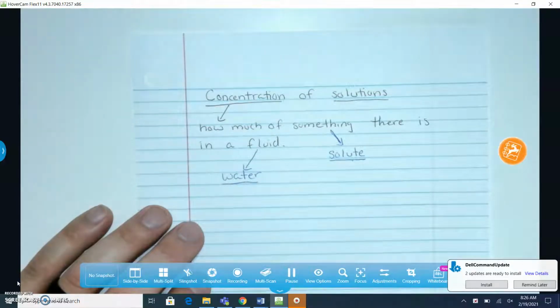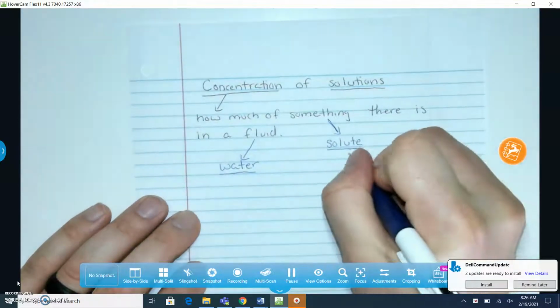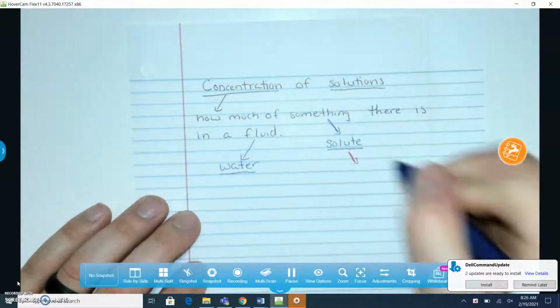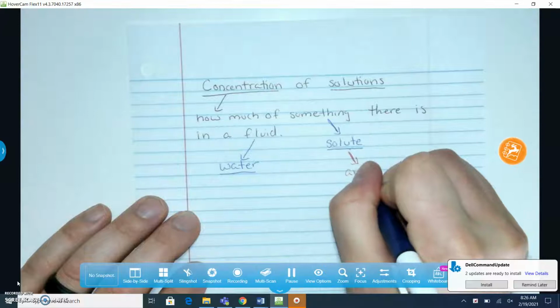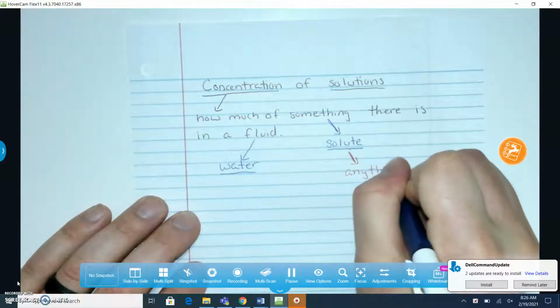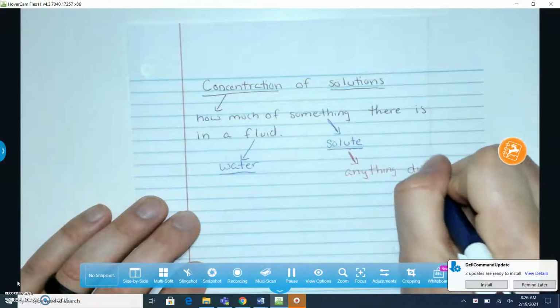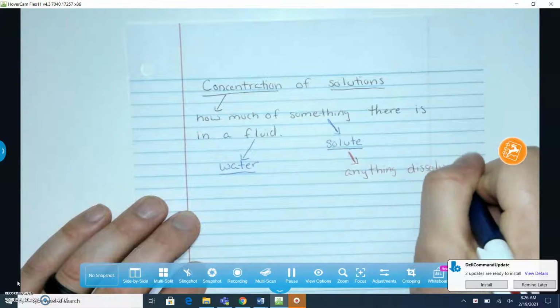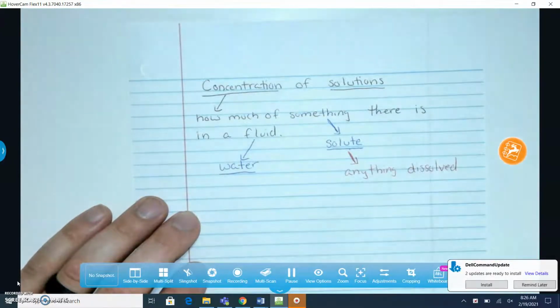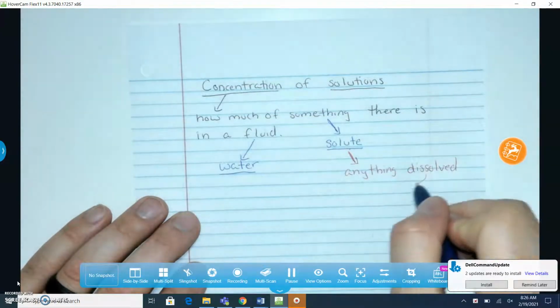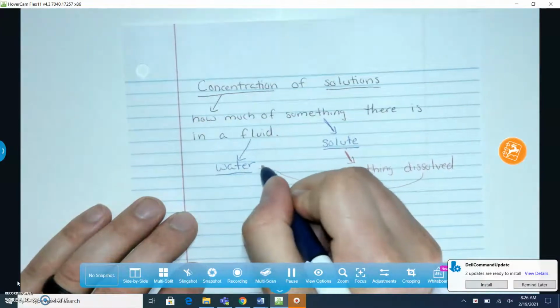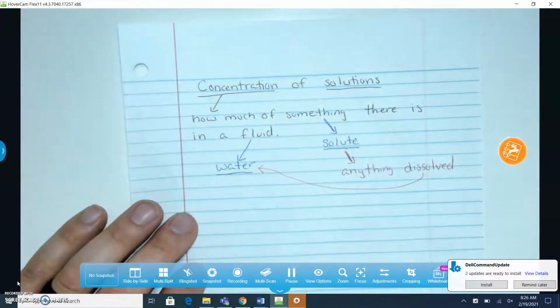So what is a solute? A solute is, frankly, anything that is dissolved. And it would be anything that's dissolved in water.